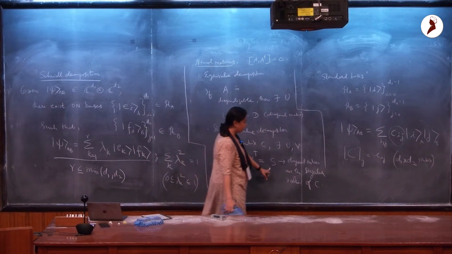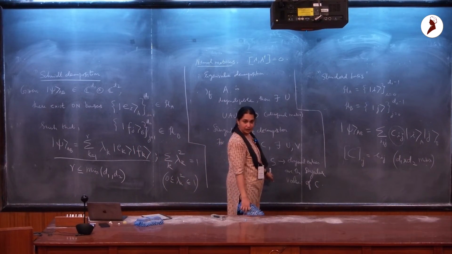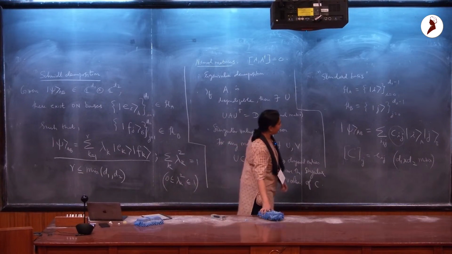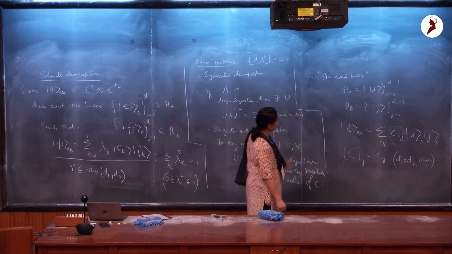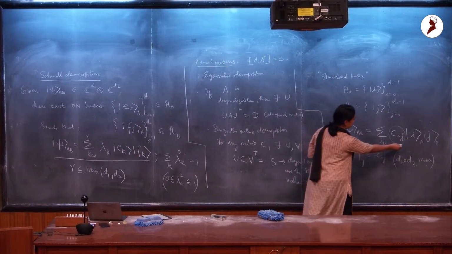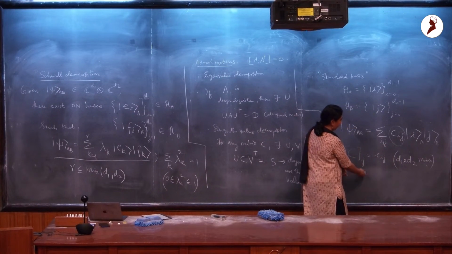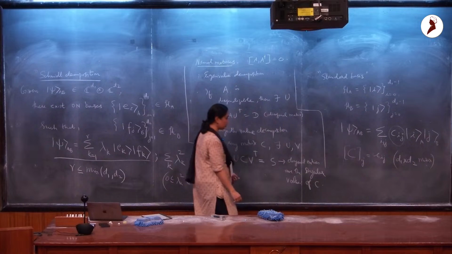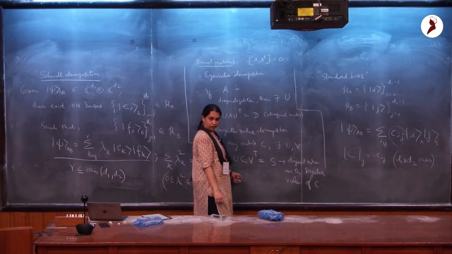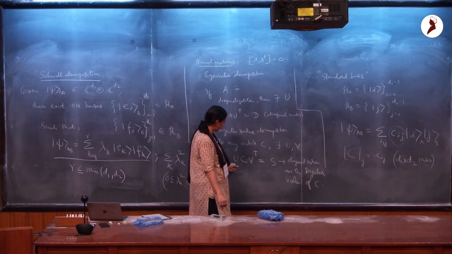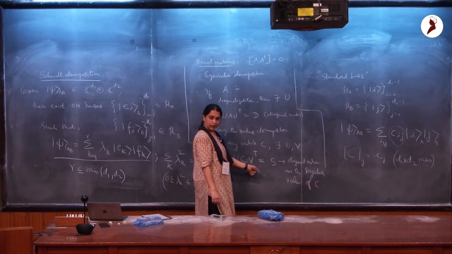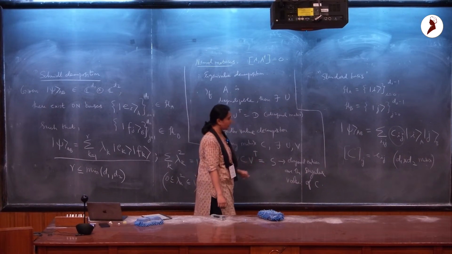But it's a diagonal matrix nonetheless. So I hope you see where the Schmidt form is coming from now. I take this matrix of coefficients, I perform a singular value decomposition on it, which means I identify that U and V, which is going to take me to this diagonal form.